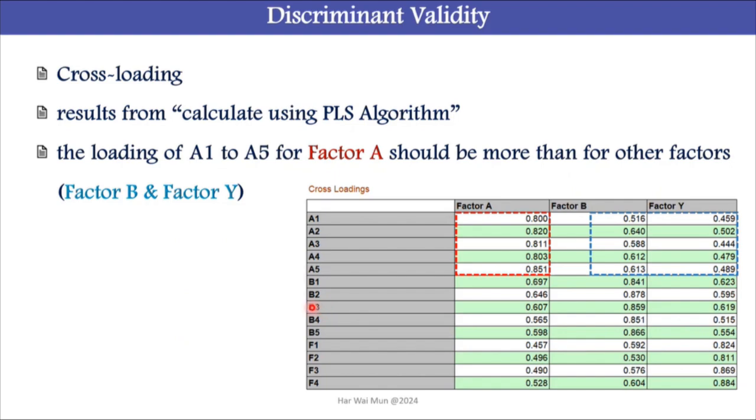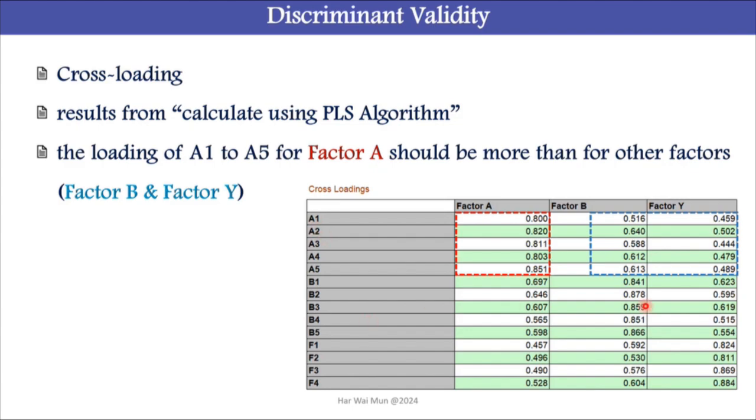If, let's say, for B3 factor A is highest, that means B3 you intended as a measure or proxy for factor B, but suddenly this B3 seems to reflect or measure factor A better. So should B3 become A5, A6?